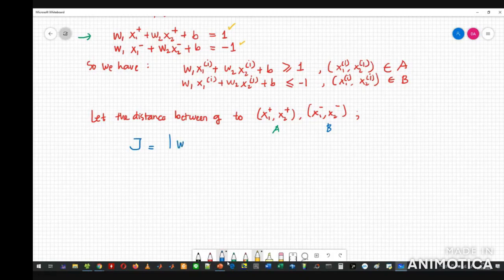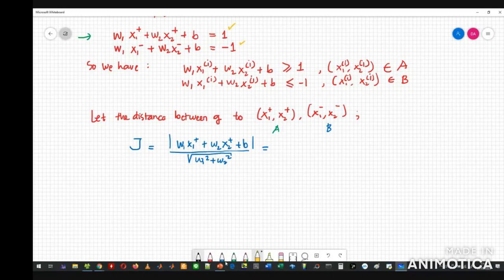We know from this part that w1 x1 plus w2 x2 plus b, divided by the distance itself, which is the square root of w1 square plus w2 square, is actually 1.